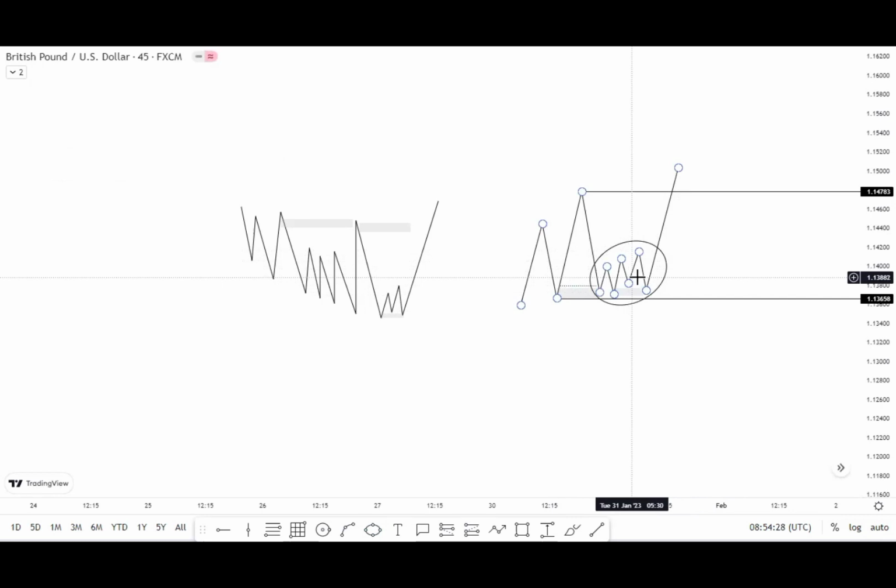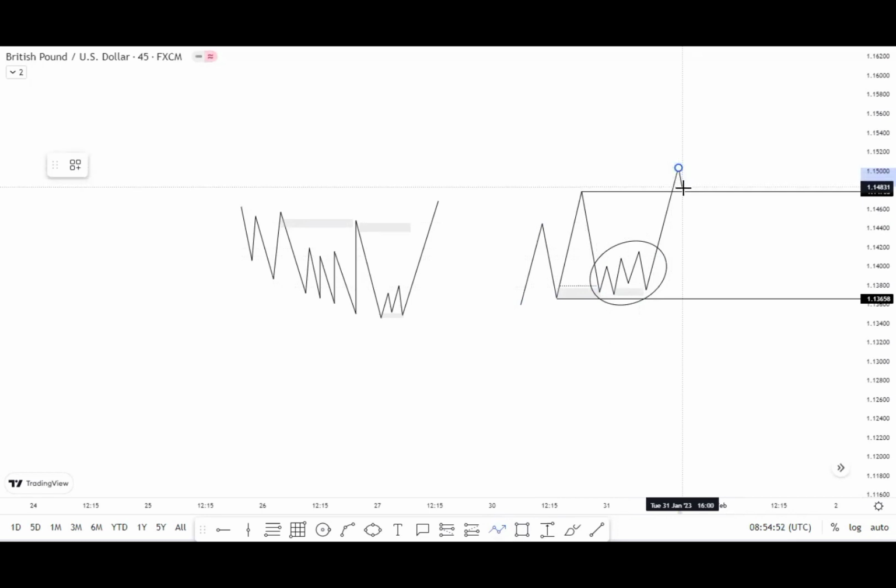That is why we have this as inducement, inducing people into believing that price is about to buy from here. Then price comes to this zone and buys to take out the external range liquidity, the major liquidity that moves price movements.